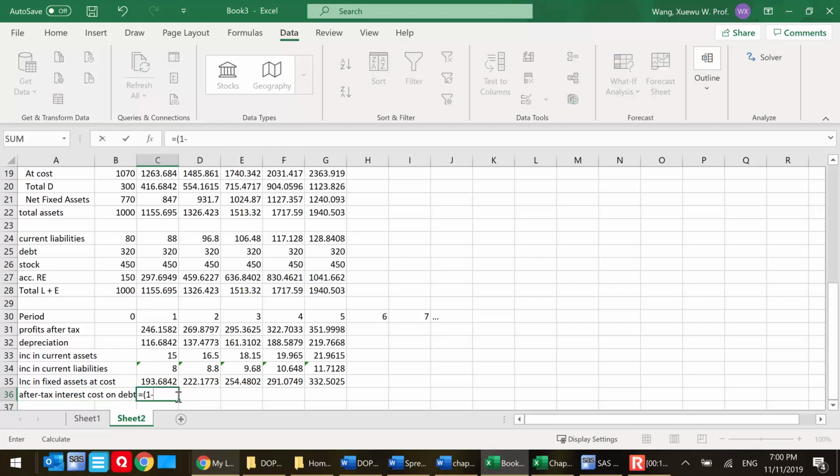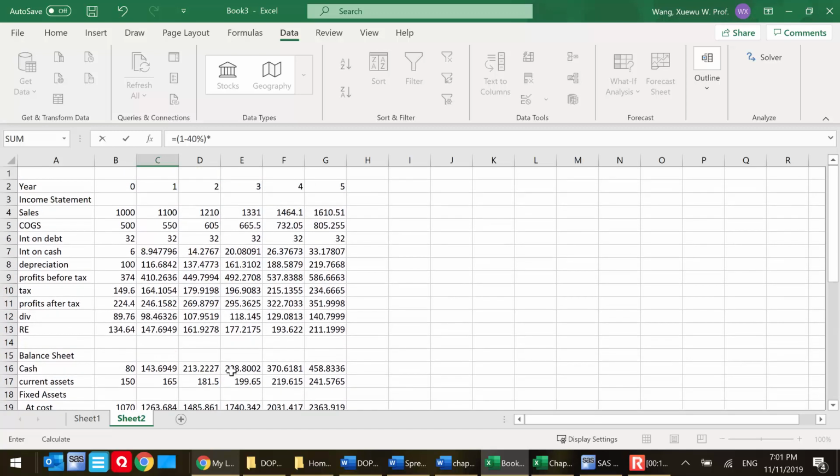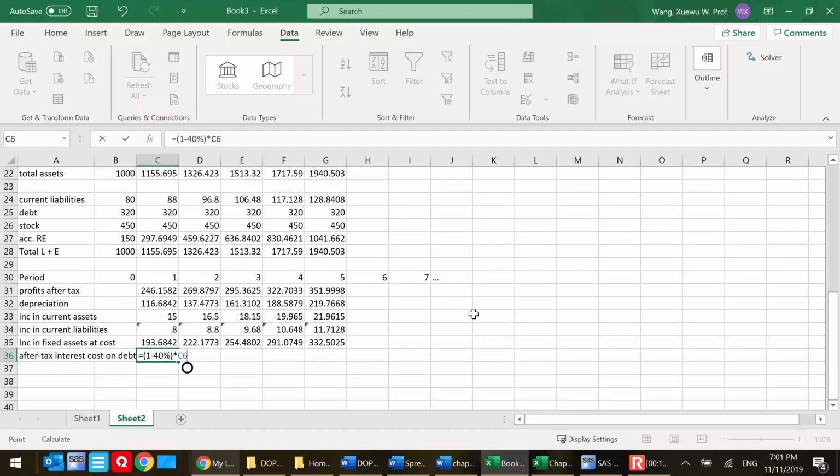So 1 minus the tax rate, which is 40%, multiplied by the interest you paid on debt, which is actually in the income statement, interest paid on debt. So that is 32, and so that's 19.20. And let me copy this across.